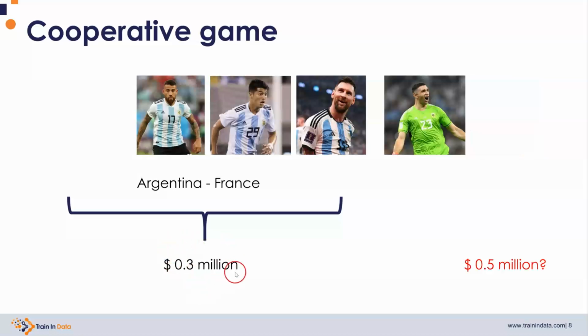So now we put Messi back into the coalition and we see that the result of this game makes this coalition the winner of $0.3 million. So having Messi increased the reward by 0.2 million here instead of 0.5. So what is the fair reward for Messi? Should we give him 0.5 million or 0.2 million?